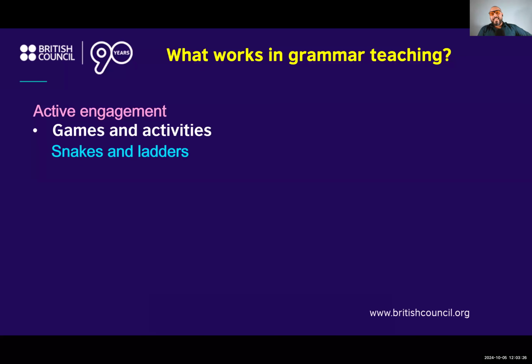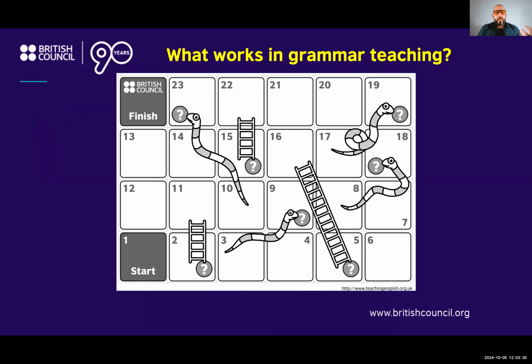You can use a game like Snakes and Ladders, and I used it myself when teaching some adults if conditionals. I provided them with this worksheet. It's a game from the Teaching English British Council website. You only have to add the first clause of the conditionals in every box and have the learners play together.